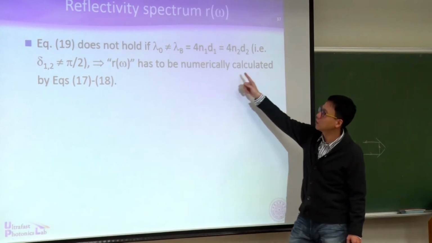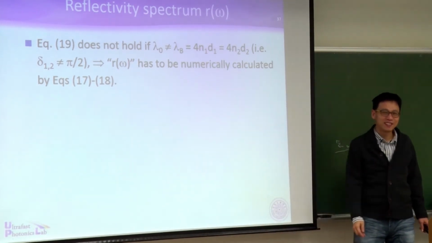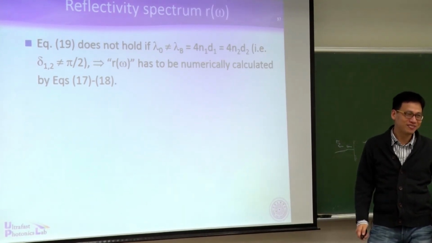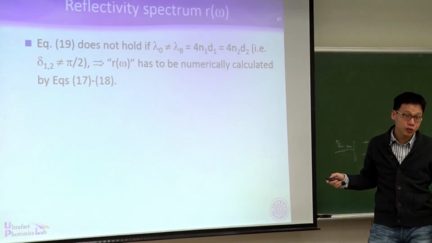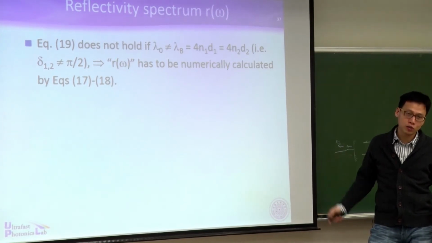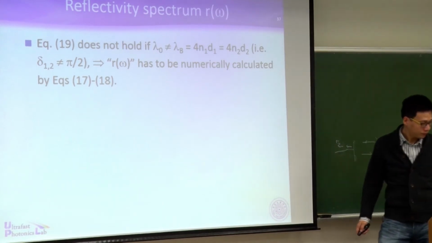Other than that, you have to numerically calculate the complex reflection coefficient. But you have computer, it's not a big deal now. Okay? And you can change the working frequency or wavelength, and you can calculate all the corresponding reflectivity or reflection coefficient.